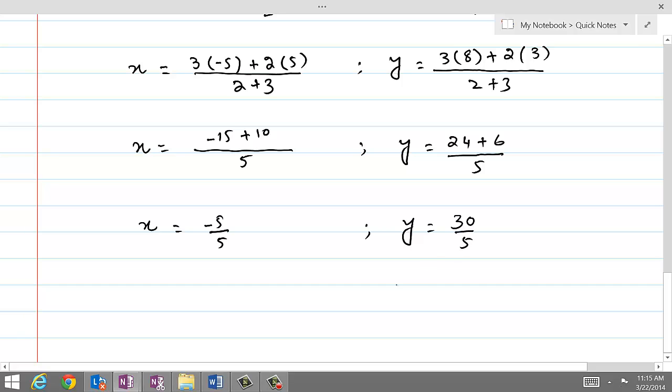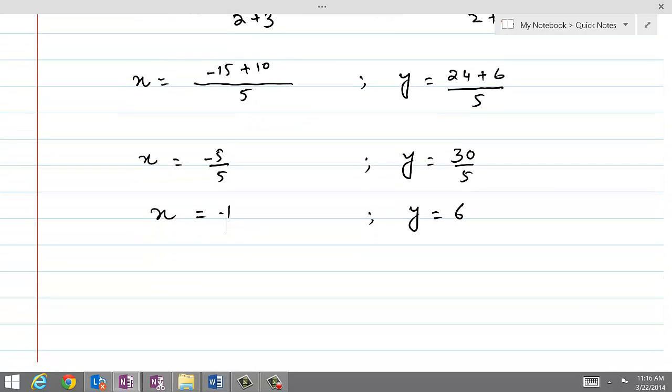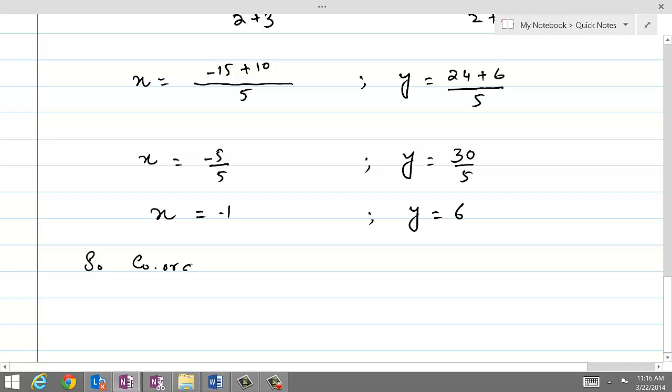This is equal to 6 for the value of y, and x is equal to minus 1. So the point which divides the join of AB in 2/5 is minus 1 and 6. So the coordinates of P are minus 1 and 6.